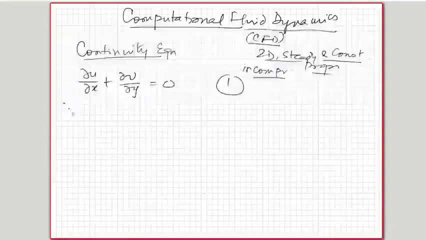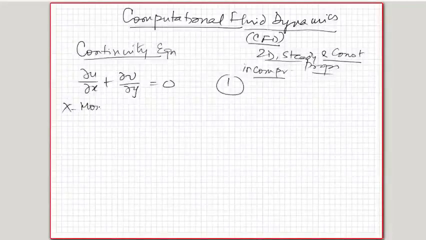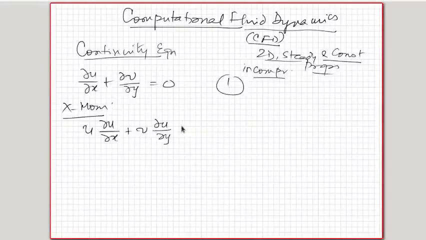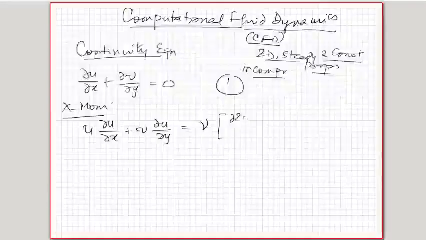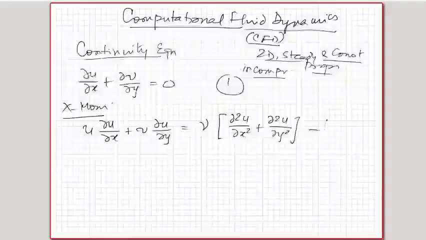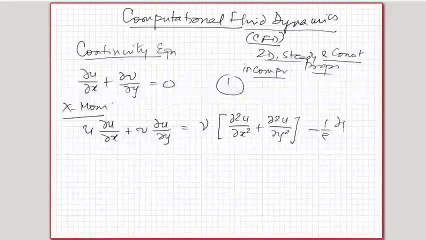The x momentum equation: u del u by del x plus v del u by del y is equal to nu times del squared u by del x squared plus del squared u by del y squared, minus 1 by rho del p by del x.